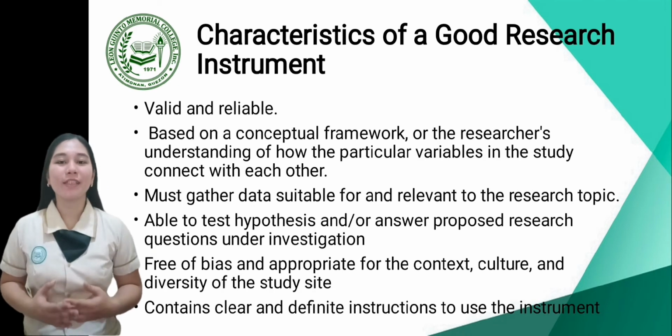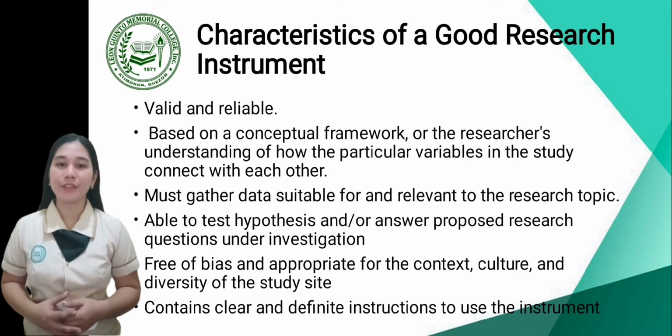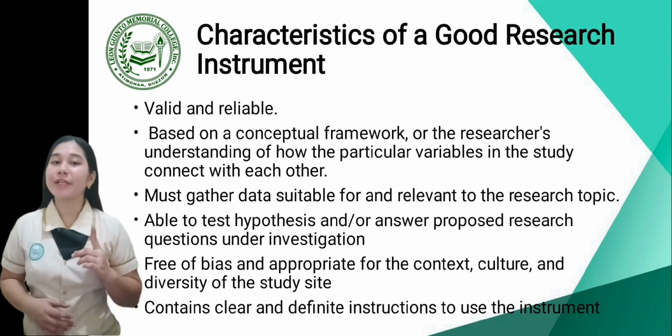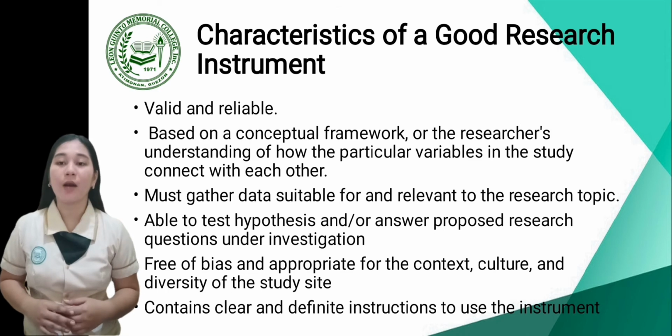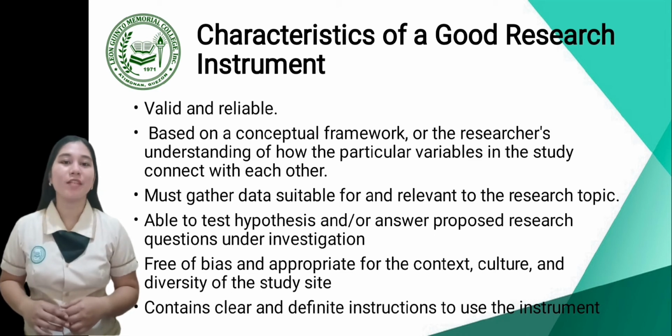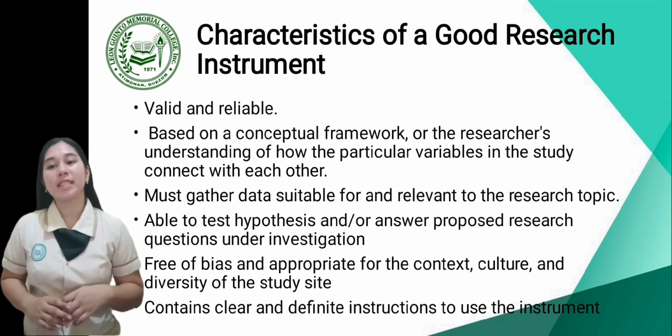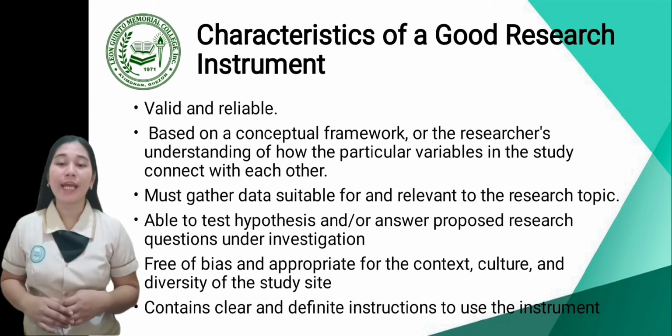The following are the characteristics of a good research instrument. First, valid and reliable. Second, based on a conceptual framework, or the researcher's understanding of how the particular variables in the study connect with each other. Third, must gather data suitable for and relevant to the research topic.